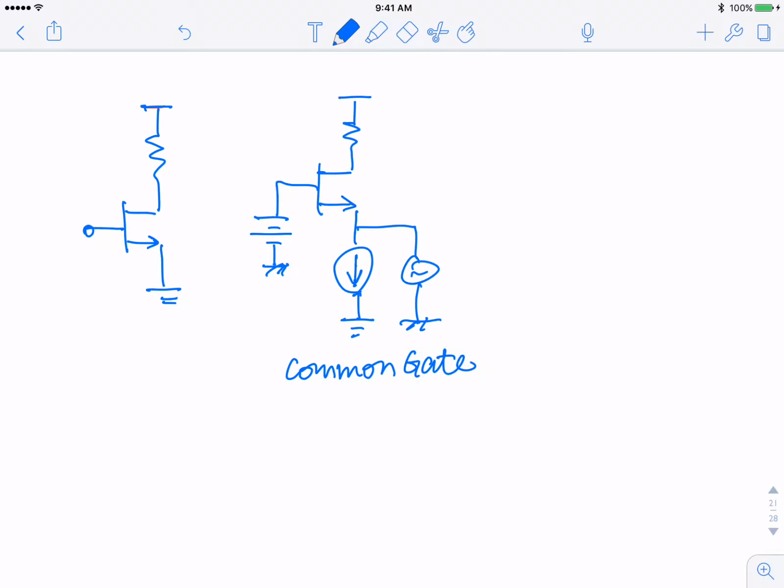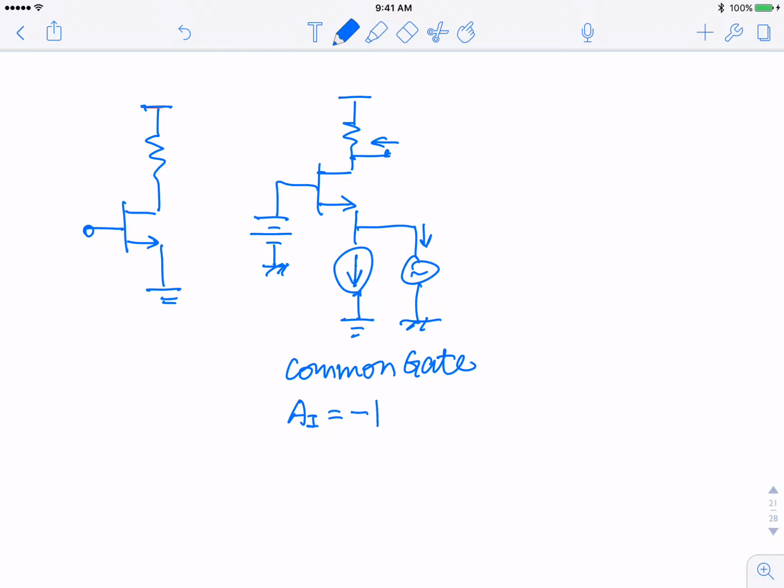Okay, and we learned a few things. Basically, the current gain, this is really a current device. The current gain is -1. Whatever flows through here has to flow basically through here as well.